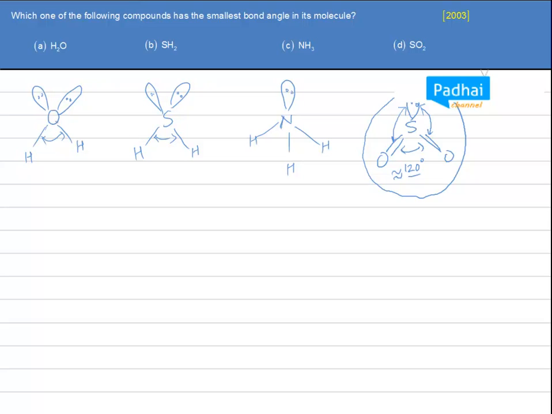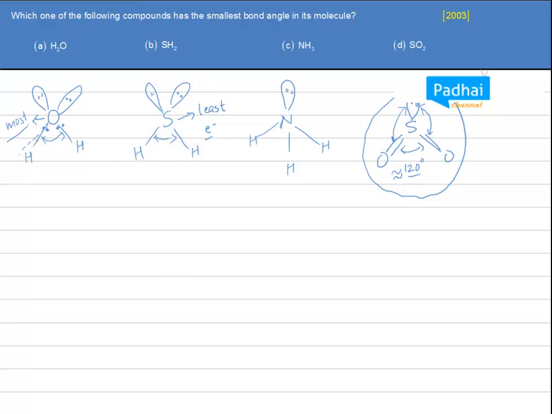Out of these, we know that sulfur is the least electronegative, and oxygen is the most electronegative. So what happens is, if oxygen is more electronegative, the OH bond pair will be more towards oxygen, and here also. So they will be closer to each other, these 2 bond pairs of electrons. So they will be having a repulsion.